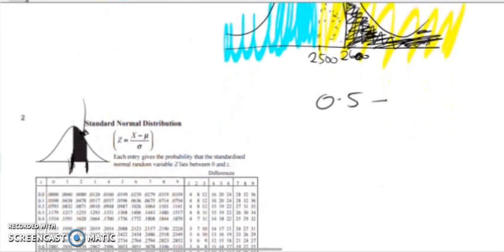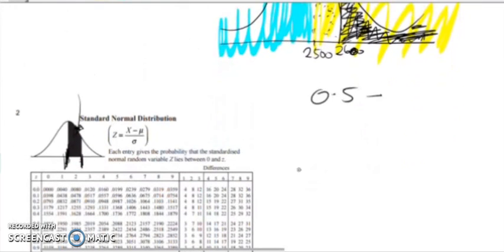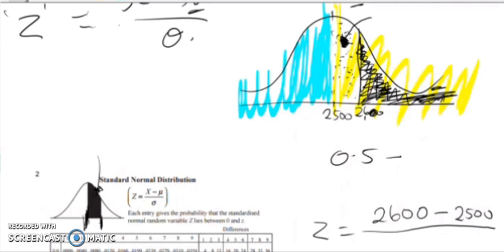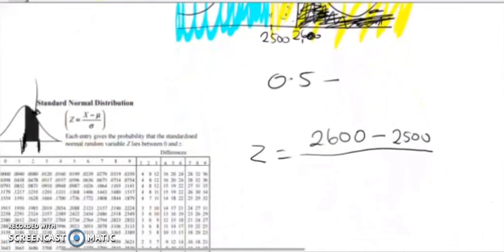Looking at our formula, I'll write it down here again. Our z-score is equal to x, that's our number of interest, 2,600, minus the mean, which was 2,500, all over the standard deviation, which was 120. That gives us a z-score. I'll just look at the example in the book so I don't have to do that whole calculation.